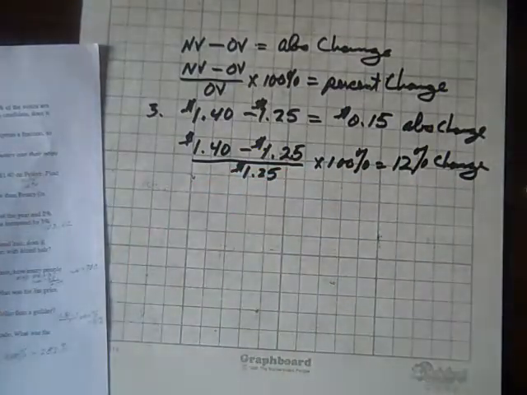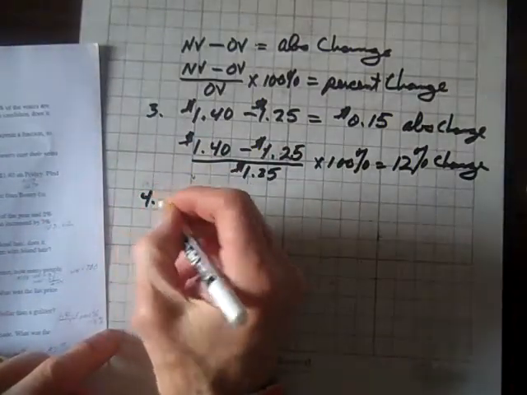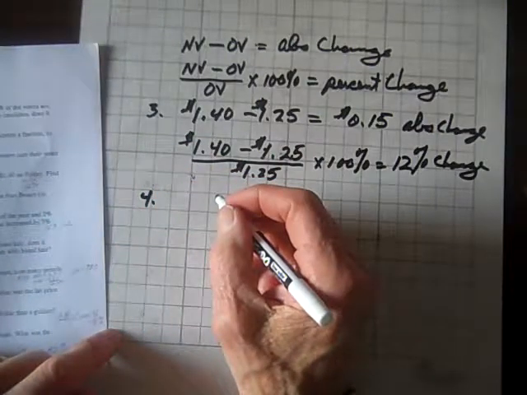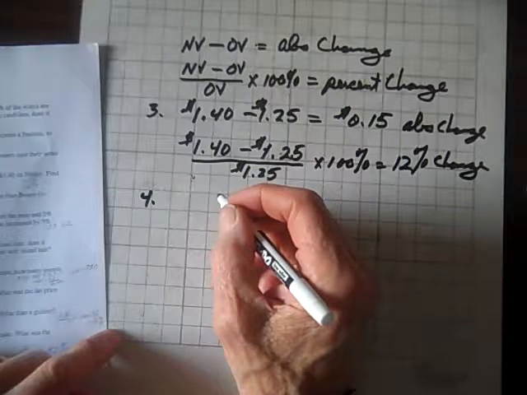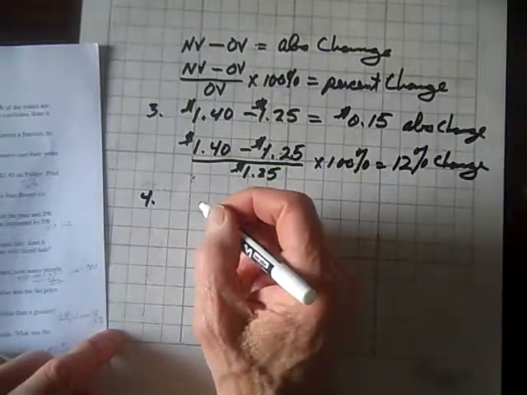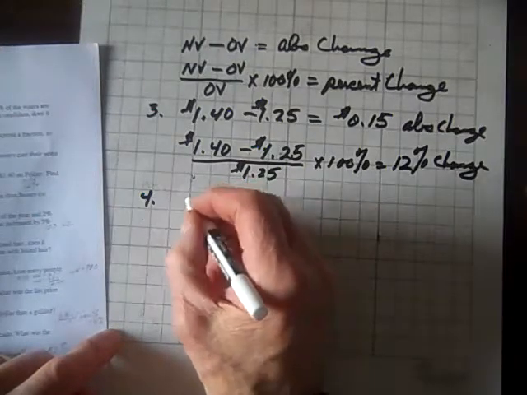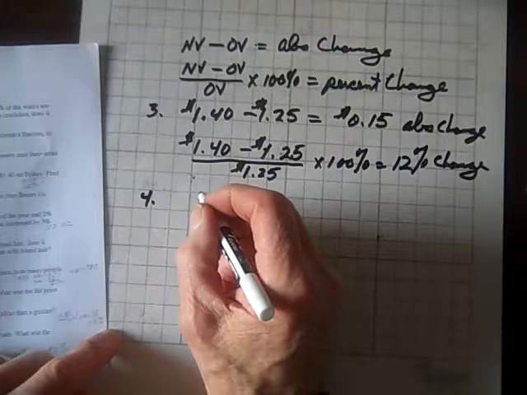Let's do number four. If Kenny earns 142% of Benny's salary, how much more does Kenny earn than Benny? Well, we can use the same thing again. We can use the change.